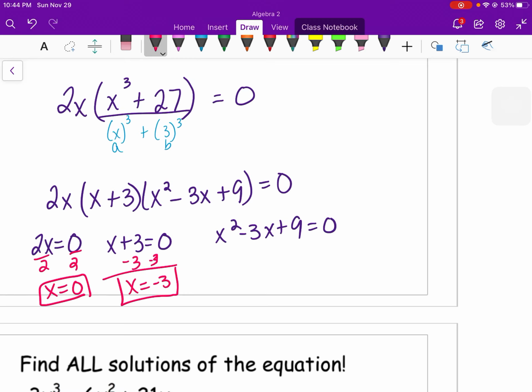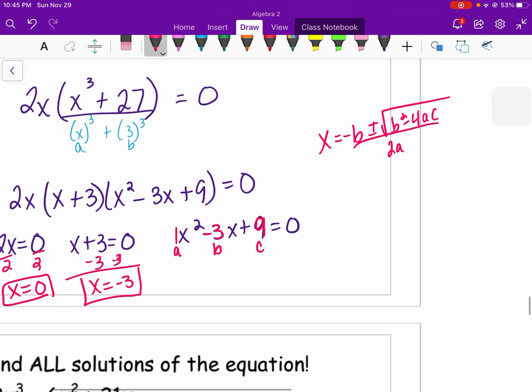For this one, unfortunately, you have to use the quadratic formula. So a is 1, b is negative 3, and c is 9. And it's x equals negative b plus and minus square root b squared minus 4ac all over 2a.